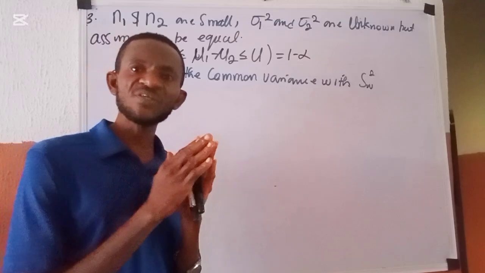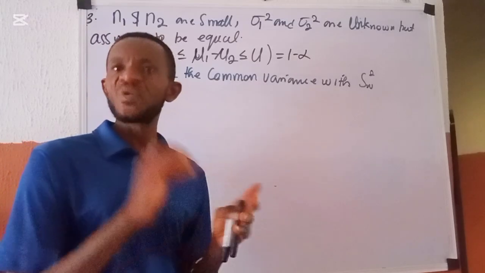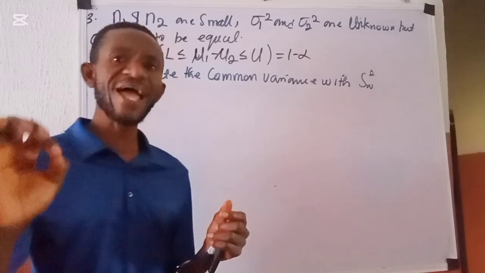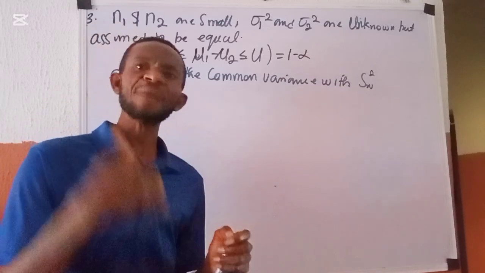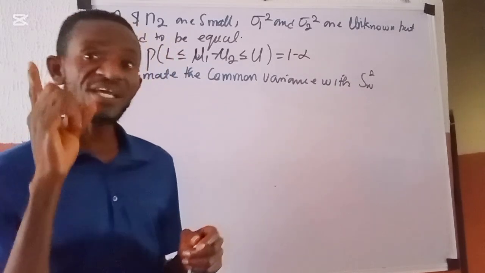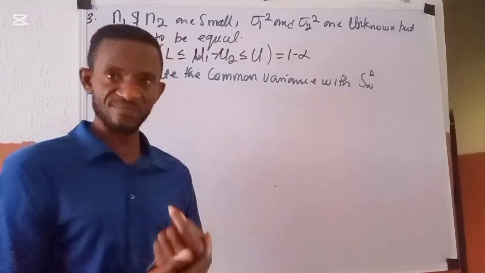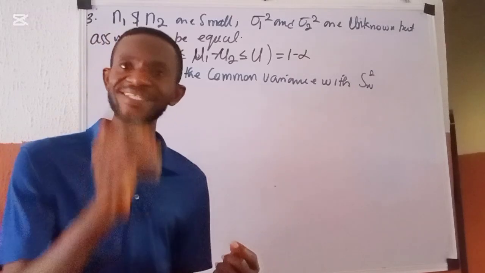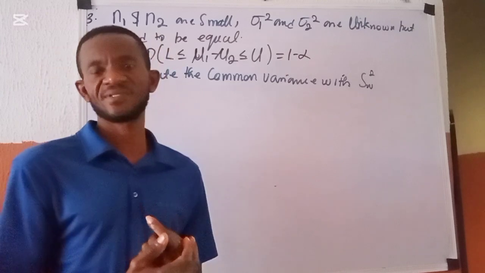When this condition is met, we can apply the central limit theorem, and because of that we can use the standard normal distribution in obtaining the critical value of the confidence limits.